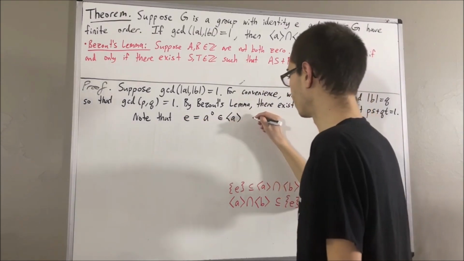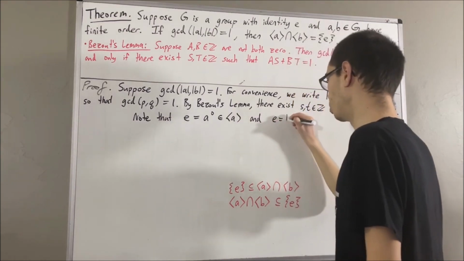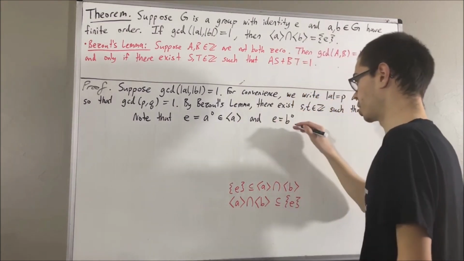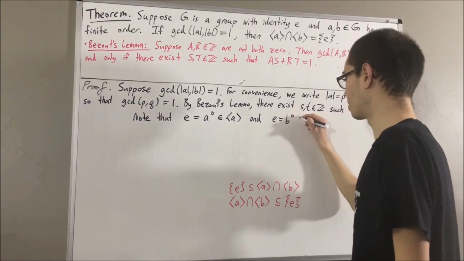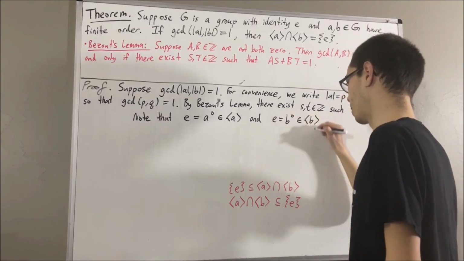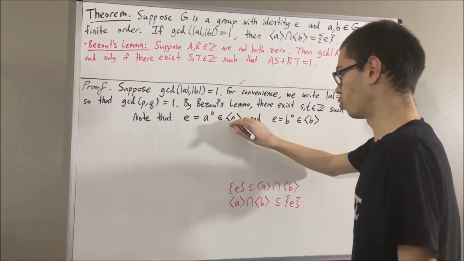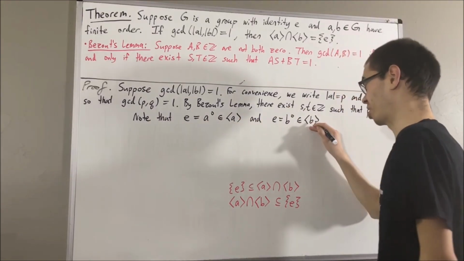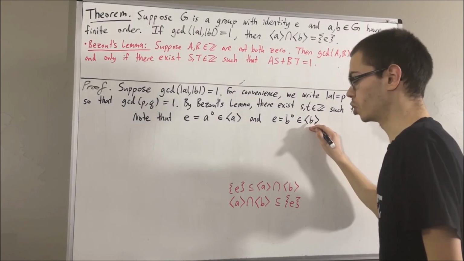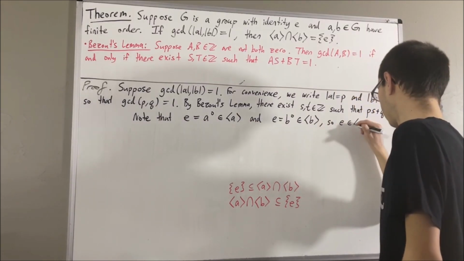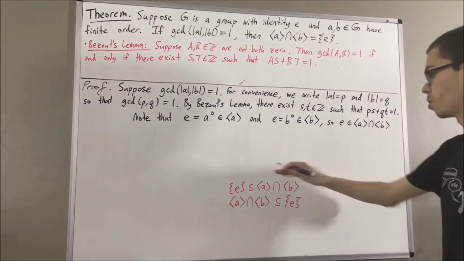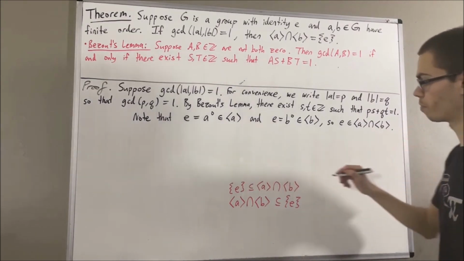And similarly, the identity element is equal to b to the power of 0. But this is just b to the power of some integer, so it must be an element of the group generated by b. So this shows that the identity belongs to both the group generated by a and the group generated by b, so it must belong to their intersection. And this shows that the first inclusion is true.